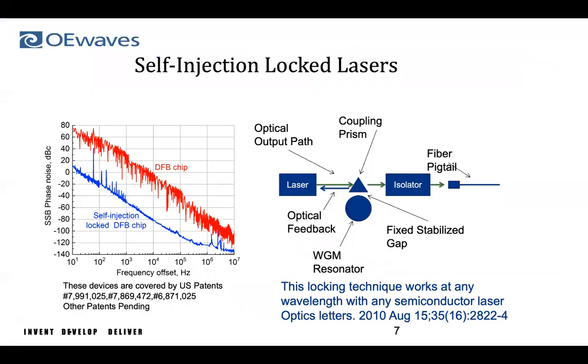And the way we implement that in our lasers is that we get any semiconductor laser that emits within the transparency region of the particular material that the whispering gallery mode is made of, and couple light into it. Some of the light goes out, but some within the cavity actually scatters back into the laser, and injection locks.